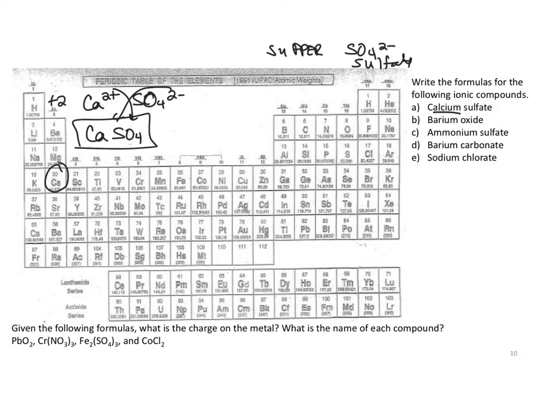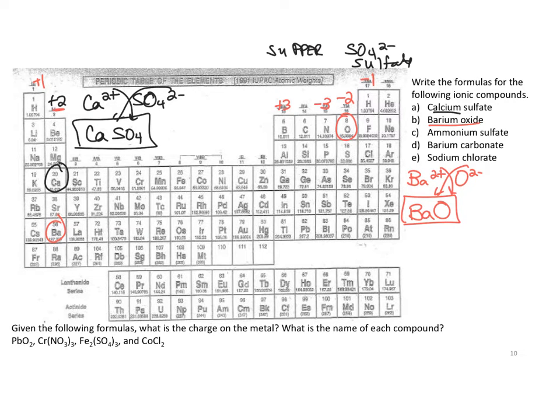Barium. This is barium. It's in +2. So we have barium +2. And then oxide is a -2. Remember, this is -1, -2, -3. And these are +1, +2, and +3. So now when we do our crossover to get our subscripts, it's going to be barium oxide.